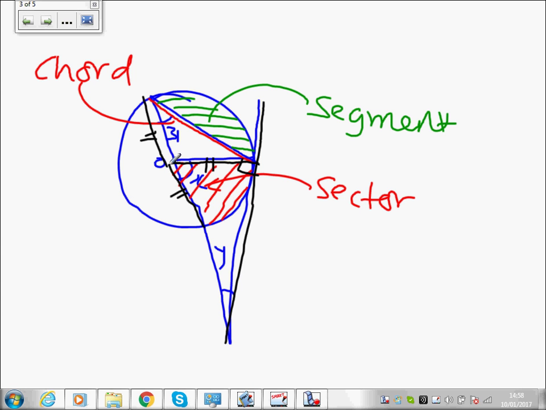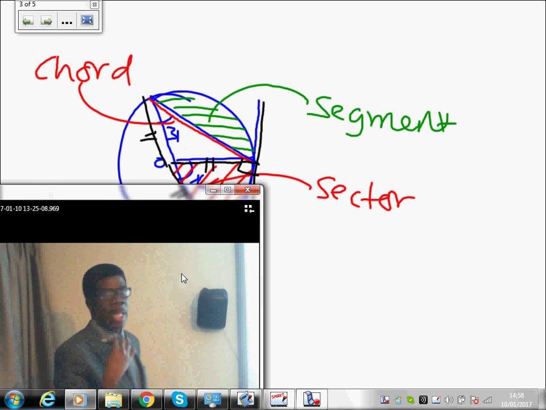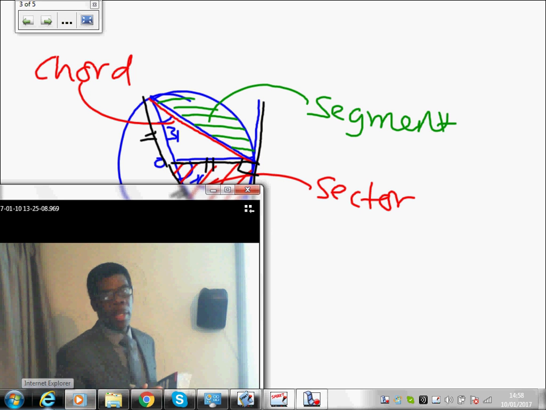Many options here. O to the point here, that's a radius. And that's a radius. And that's a radius. So that line is equal to that line is equal to that line. Very important. Those facts are important for you to know.